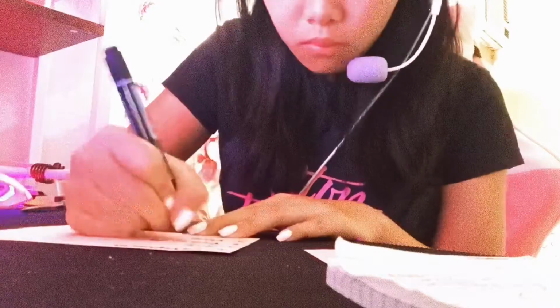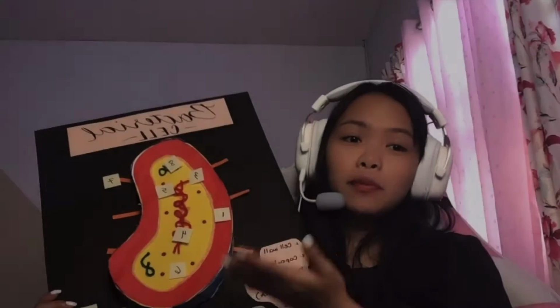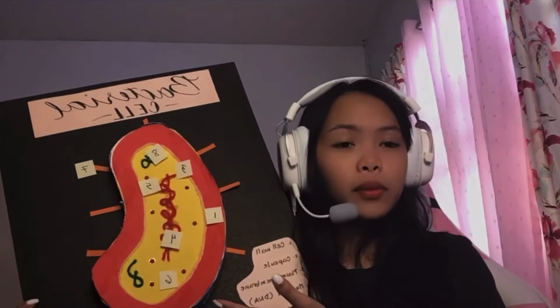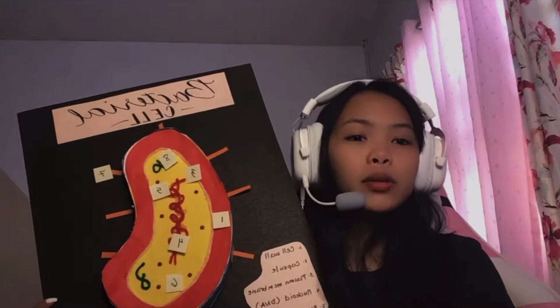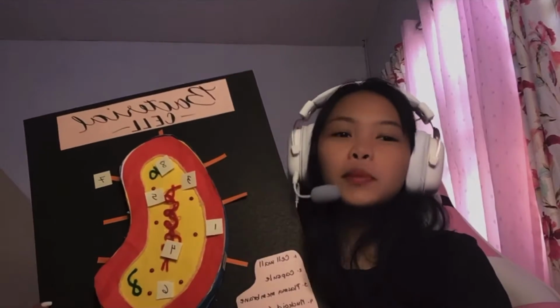And I'm just writing all the parts of the bacterial cell. Guys, now that we are done making the 3D model of the bacterial cell, I'm going to explain each part of the bacterial cell.